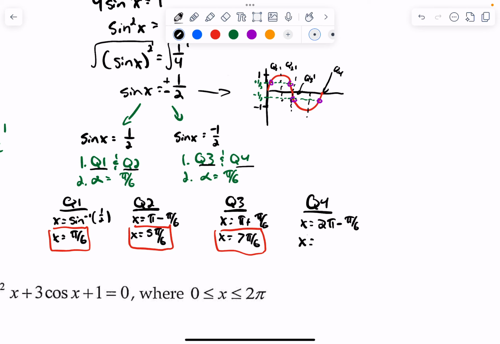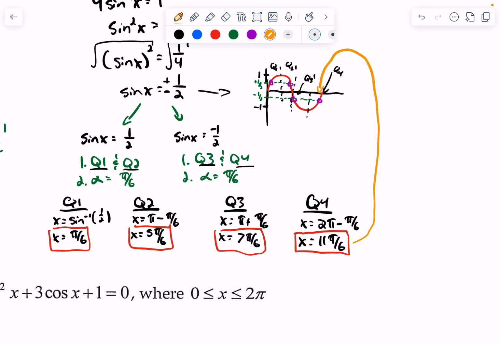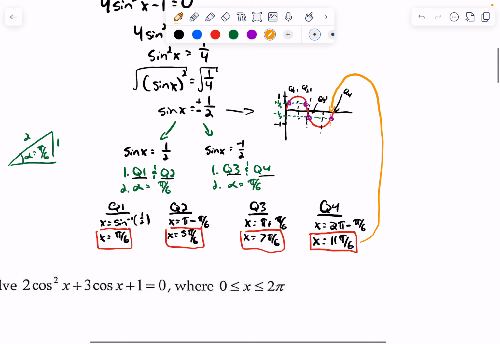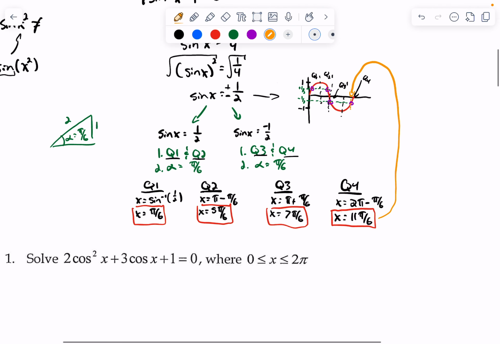And that would be 12 minus 1, 11 pi over 6. There you go. So these are 4 solutions, and that's for those solutions right above, okay? Like this coordinate right here, so 11 pi over 6 would be that coordinate right there. Like that would line up with that 0. Again, that's what you found, okay? Just always go back to the beginning.